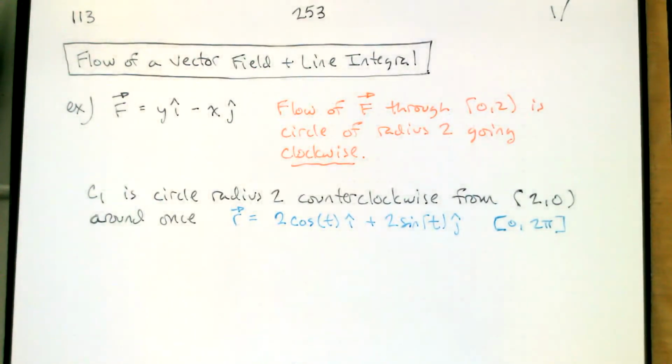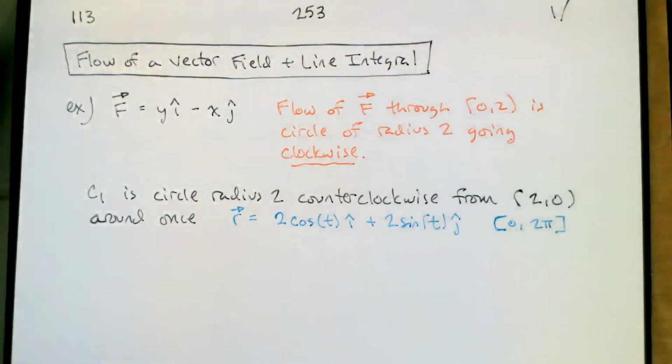Then what we'll need is the dr. We'll need to know what direction the curve is going. Remember, the line integral is telling us how much the vector field and the curve are going in the same direction.